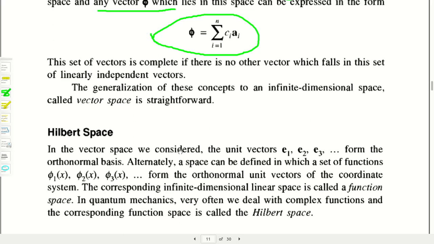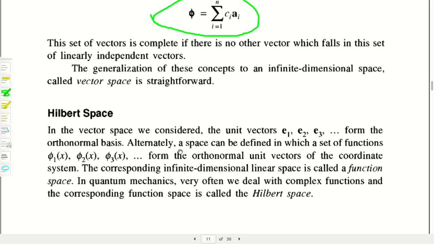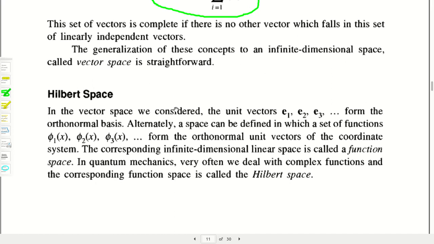There are some examples of that. You can take an example of Legendre polynomials. Legendre polynomials are linearly independent functions which can be used to expand any other function in the basis set of Legendre polynomials. In your mathematical physics you can check this fact, and this will consolidate your idea about the function space.